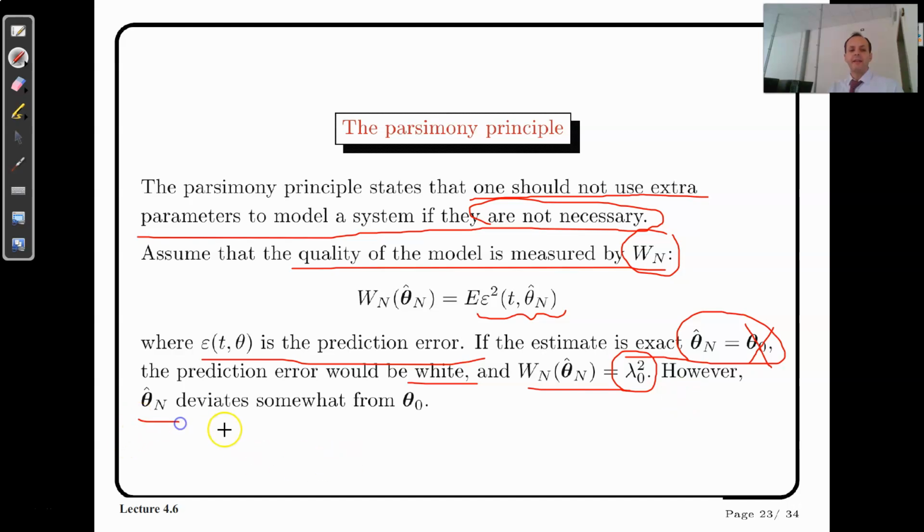On the other hand, when theta N estimated is different from theta 0, because, as we already remarked, maybe theta 0 does not exist, this parameter is different from the noise affecting the data.